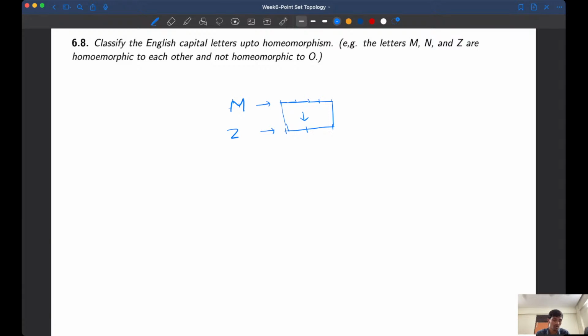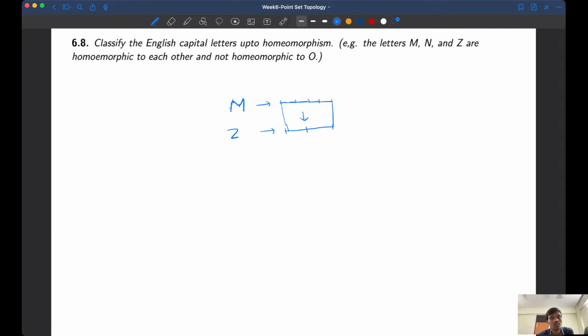But this is not homeomorphic to O, again due to the connectivity. So if they are homeomorphic, then if you remove one point from this thing and one point from this O, then they are still homeomorphic. But if you remove one point from this thing, that will be disconnected, but this is symmetric.